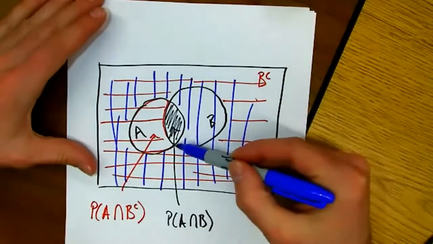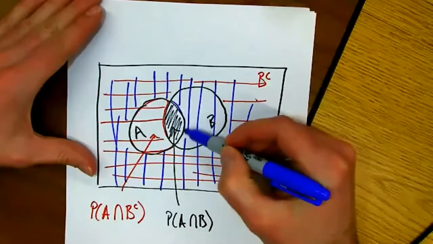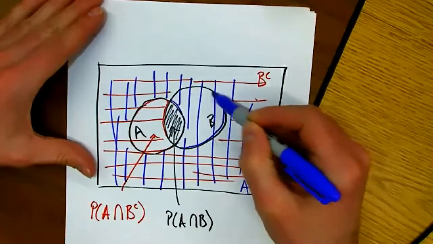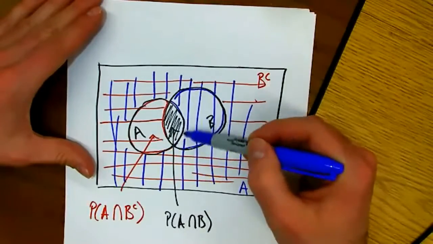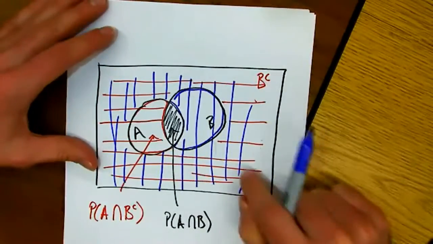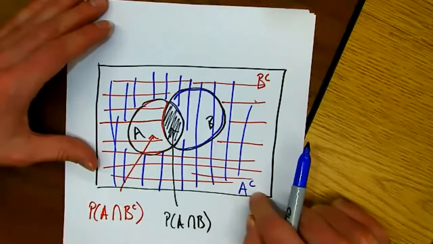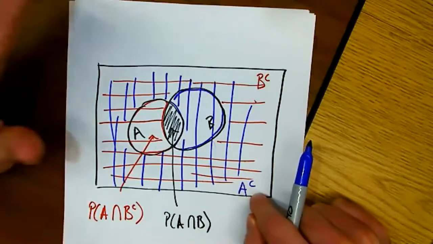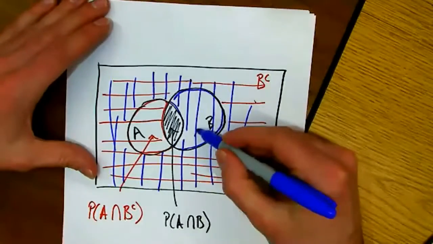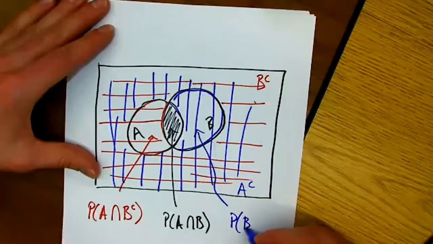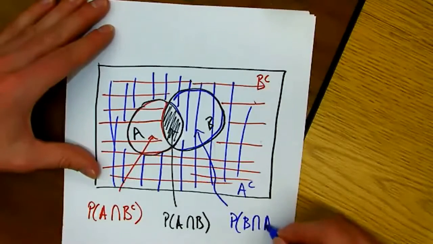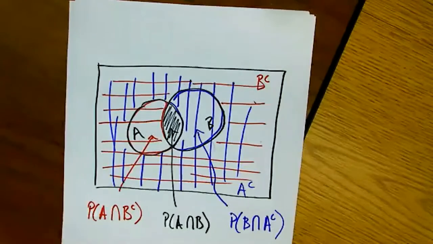So this crescent moon is everything that's in circle B, but not in A, or A complement, right? This blue area is A complement. So this crescent moon over here represents I'm in circle B and I'm not in circle A, or in A complement.